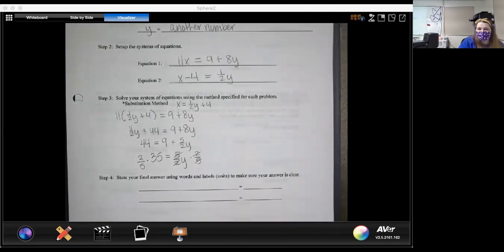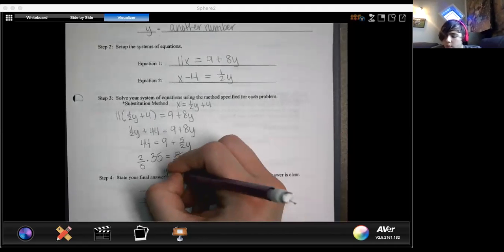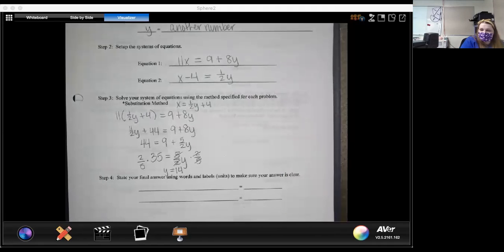So 2 steps still does the same thing, but typically we just multiply by the reciprocal. So once we do that, back to choosing our calculators, should get 14. And we're going to take that 14 and substitute it back in. Does not matter what you substitute it back into.